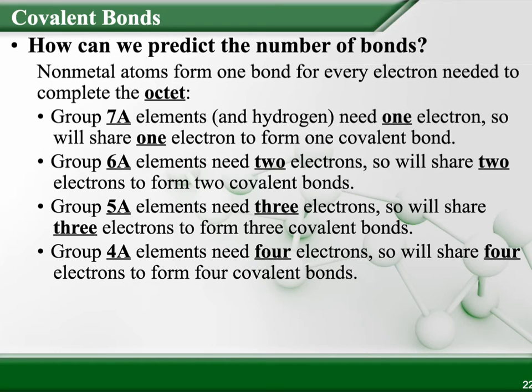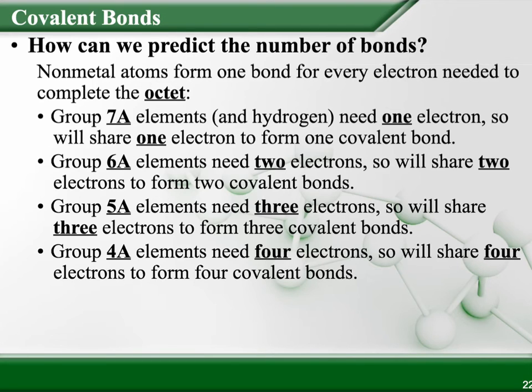Group 5A elements need 3 electrons, so they're going to share 3 electrons to form 3 bonds. Again, group 5A means that if we have nitrogen, we can put a triple bond between 2 nitrogen molecules, but we could also have nitrogen being a center atom.